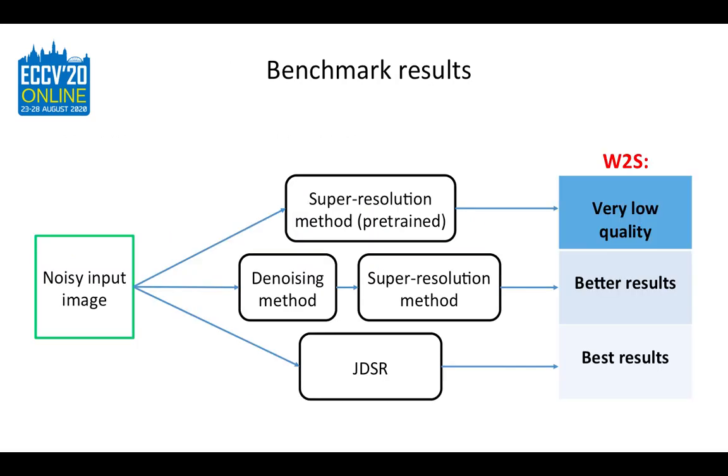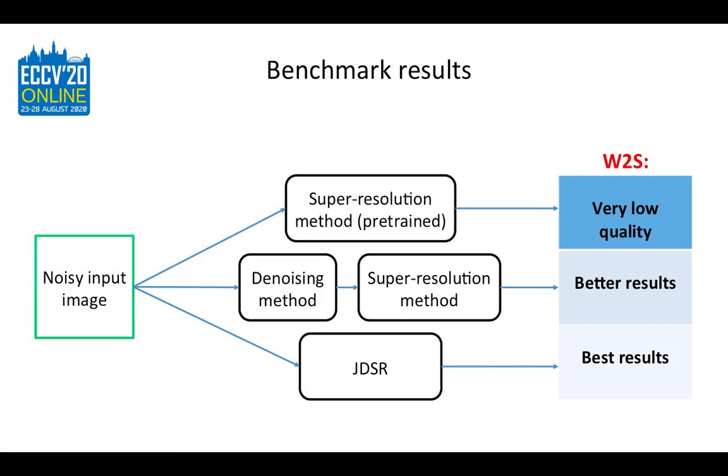Our benchmark results show that state-of-the-art super-resolution networks perform very poorly on noisy inputs. Both quantitative and qualitative results show that super-resolution networks are very sensitive to noise, and the sequential application of denoising and super-resolution algorithms is suboptimal and suffers from the accumulation of errors from both stages.